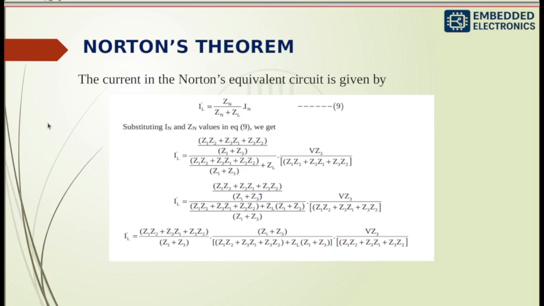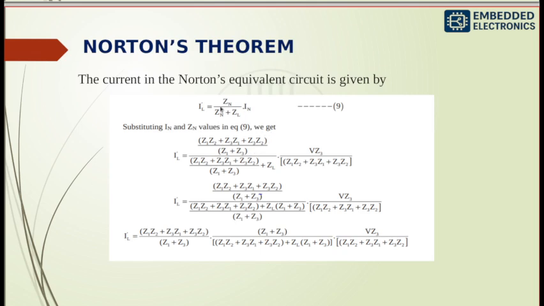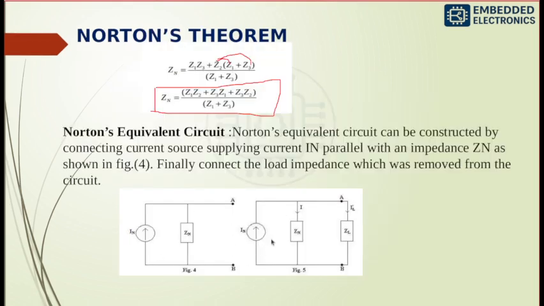So to find the current, from the equation we got IL dash equals Zn divided by Zn plus ZL into IN, we got from this equation. IL dash is here.